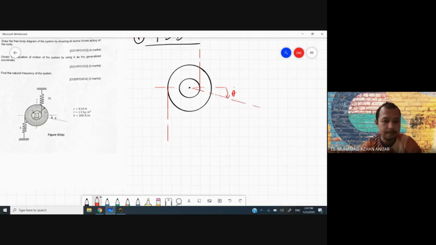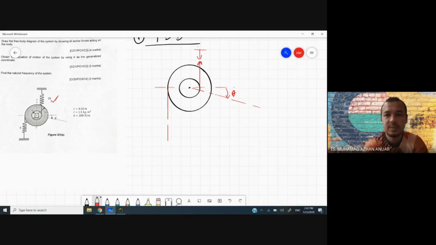All right. So if you look at this pulley here, it rotates in the clockwise direction. So when this pulley rotates clockwise, the first spring up here, the 2K, will experience tension. So when this spring experiences tension, you need to draw it in the FBD as compression.